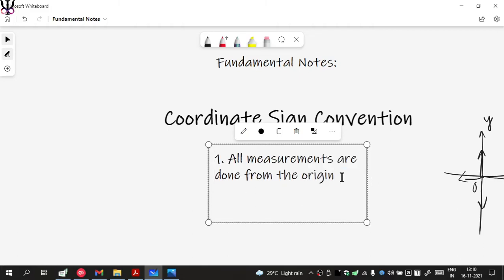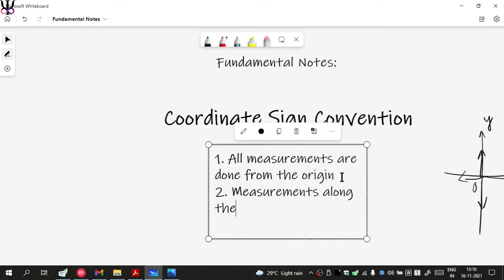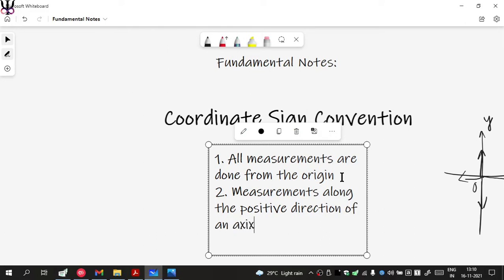The second point about the coordinate sign convention is that measurements along the positive direction of an axis are positive.